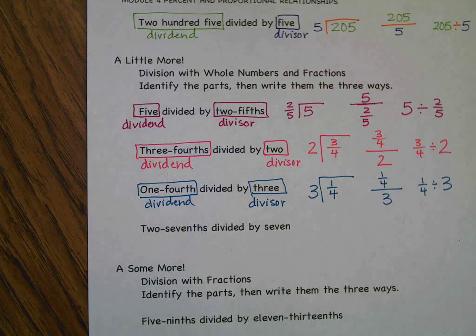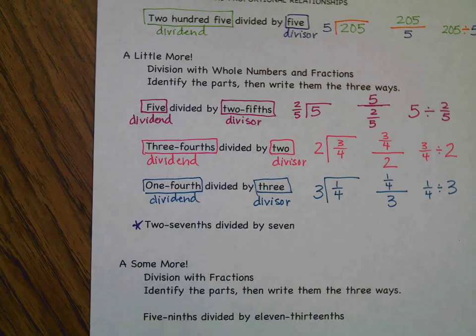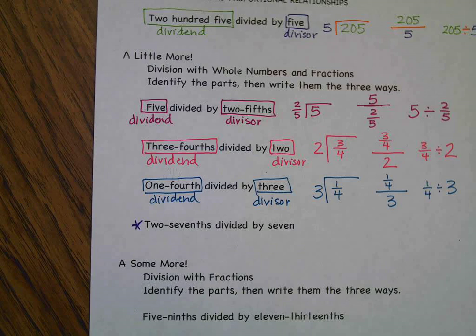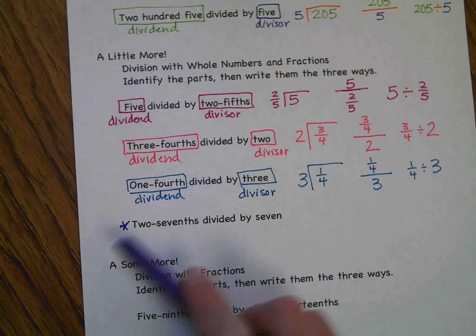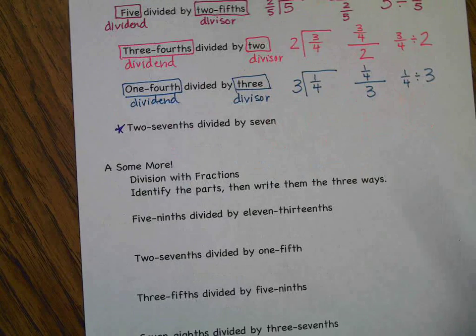Those are the 3 different ways of showing it, okay? I would like you to do this one right here by yourself. See if you can do it without me, okay? So you need to do 2/7 divided by 7. Label it the way that I have been and then show it in the 3 ways, okay?